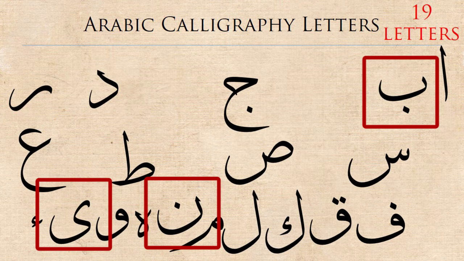So when these letters are written individually, when they're written on their own, yes, they do look different. However, if these letters appear in the beginning of a module or in the middle of a module, they are essentially the same letters, just differentiated by the position and the number of nuqtas.